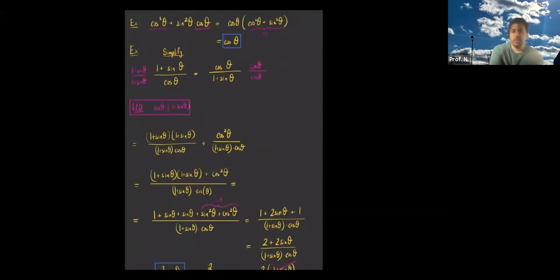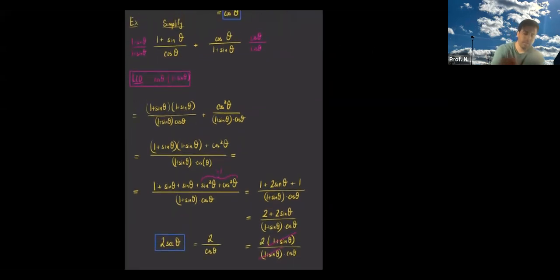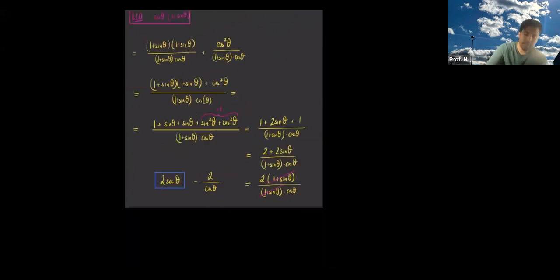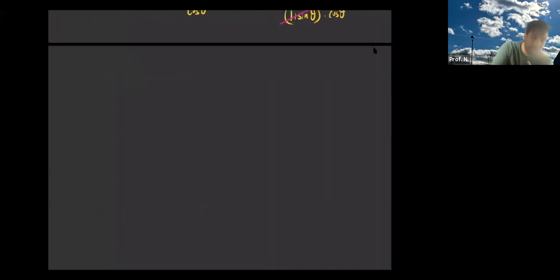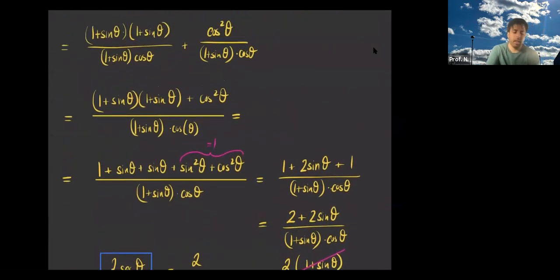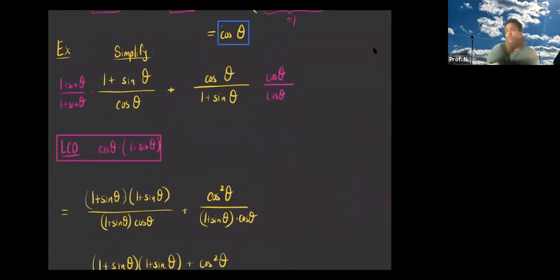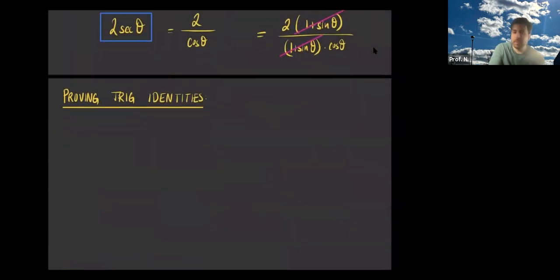Okay. So once we start getting used to this, the next step is what are called proving trig identities. So at first we were simplifying. We were taking an expression and then we want to figure out what this is equal to. Now we're going to be given something equal.